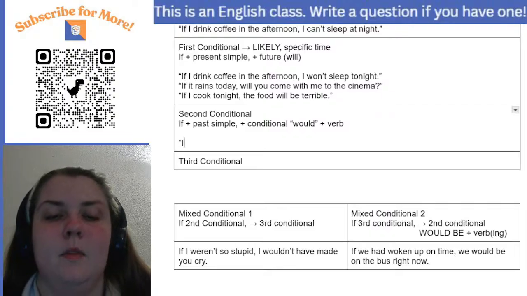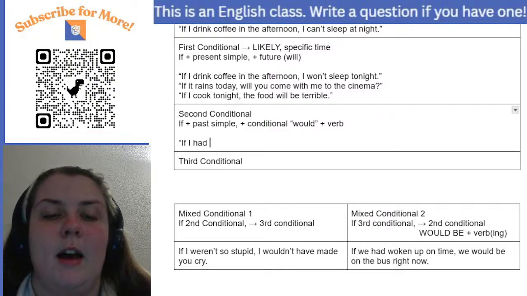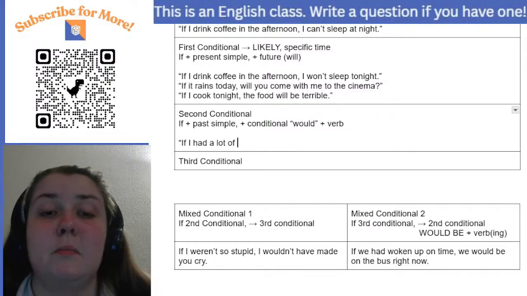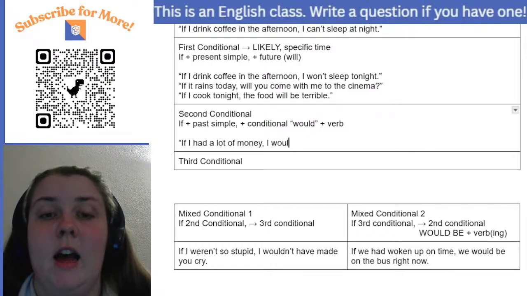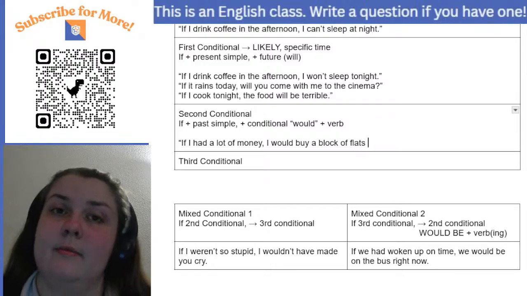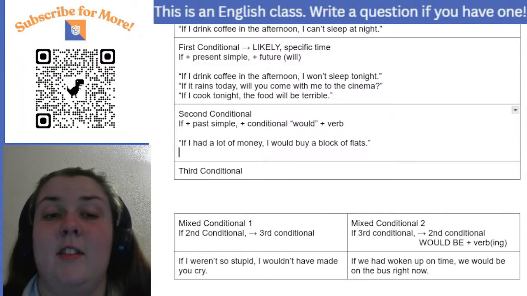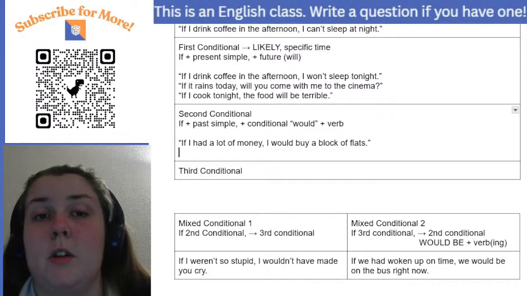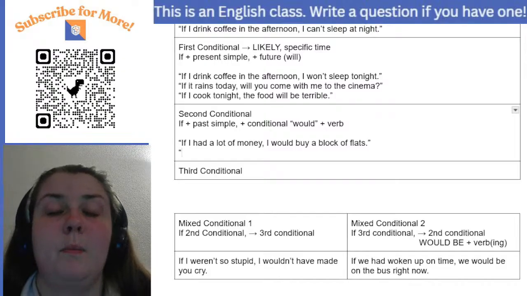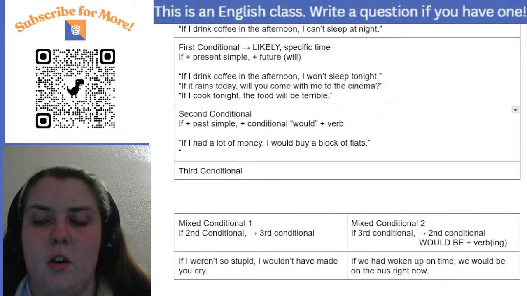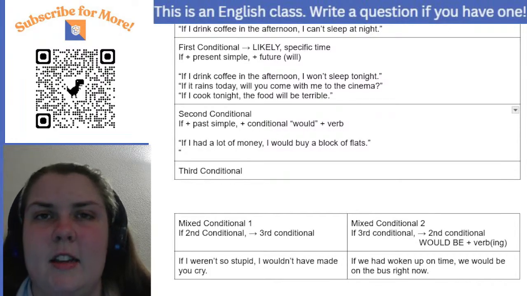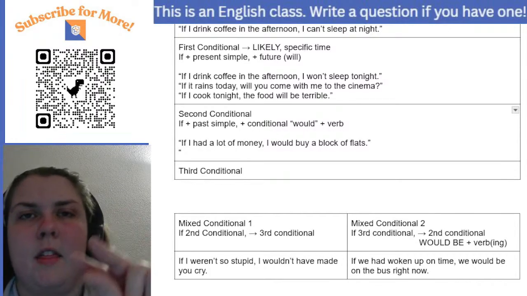Okay? If I had a lot of money, I would buy a block of flats. If I had a lot of money, that is probably what I would do. But something that's interesting about the conditional is that we don't have to say it all together in one, starting with if every single time.